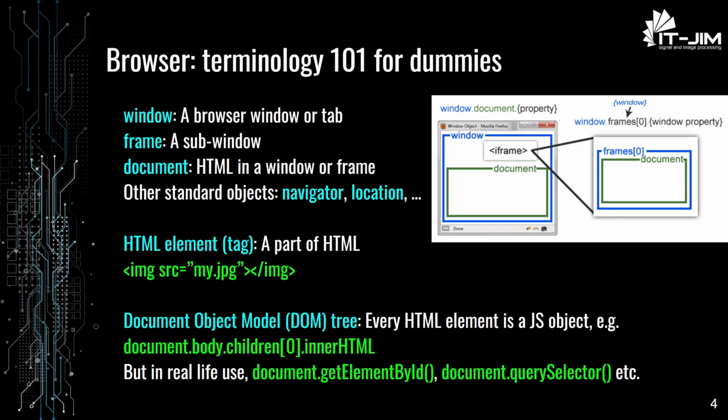HTML is composed of HTML elements or tags which are opened and closed. And there is something called the document object model, or DOM. Every HTML element is a JavaScript object and can be accessed by proper hierarchical path or by search functions like getElementById, querySelector, and so on. Next slide, please.